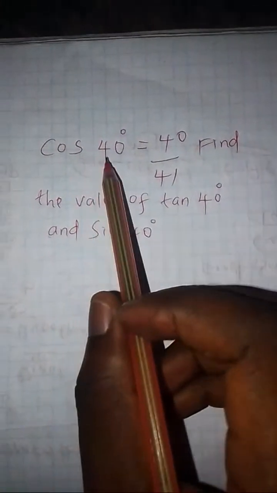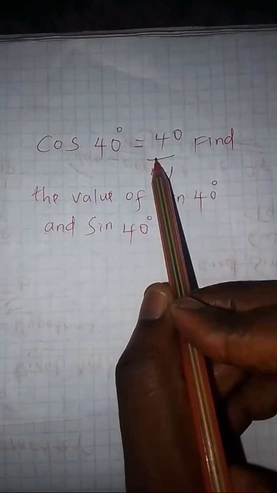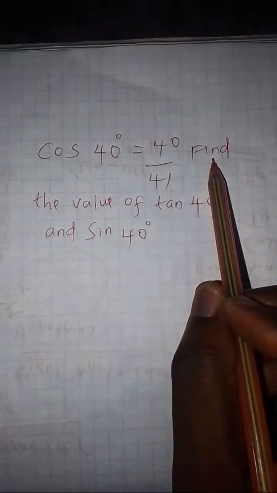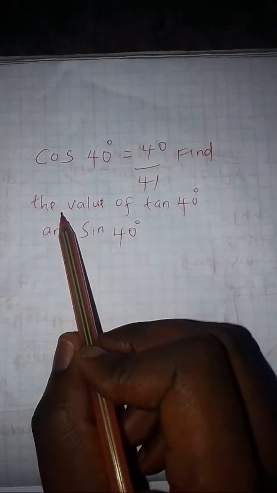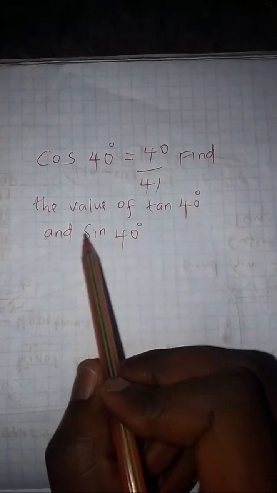Okay, so the question says cos 40 degrees is equal to 40 over 41. Find the value of tan 40 degrees and sine 40 degrees.